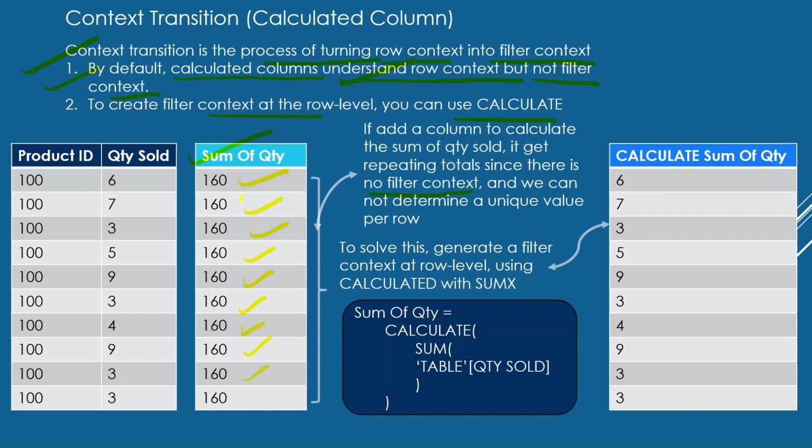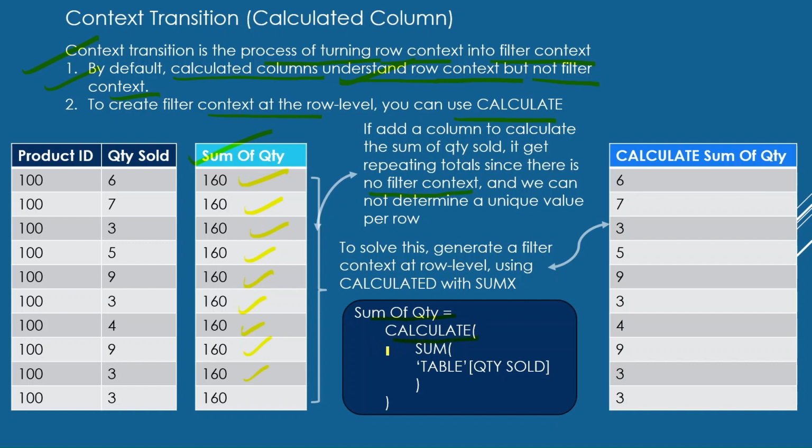To solve this problem, what we can do is create this. Here, if you want to put the filter context as well along with the row context, then we need to use CALCULATE.